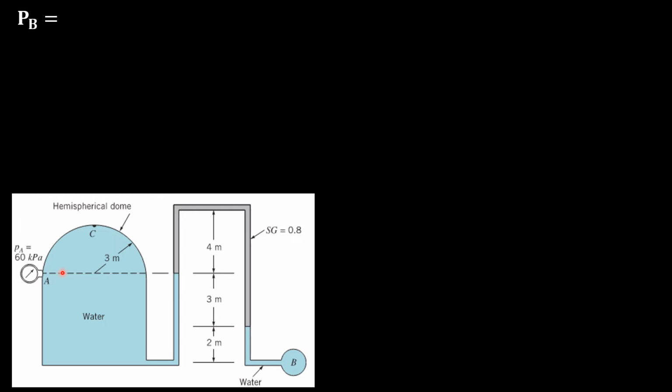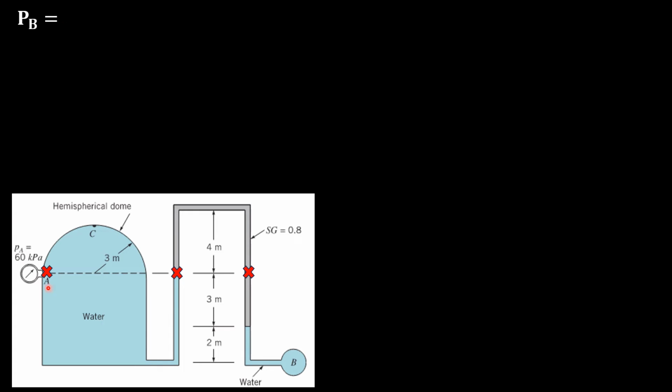So this pressure right here reads the pressure along this horizontal dashed line. So it tells us how much pressure is being built up from this hemispherical shape. So that tells us that the pressure in here is the same and the pressure in here is the same.